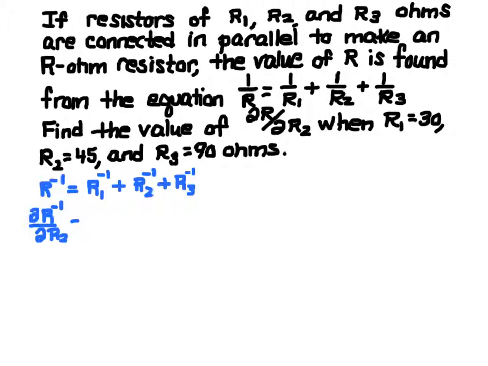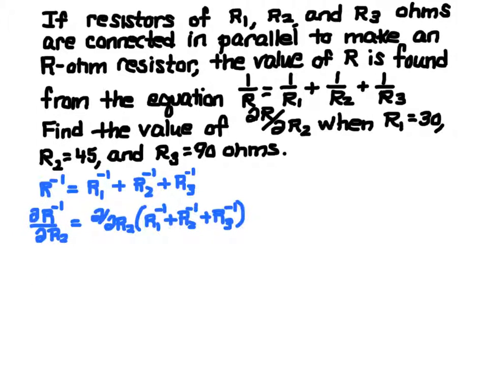we do that to the left-hand side, then we need to take the partial derivative with respect to R2 of the right-hand side. That is R sub 1 to the negative 1 plus R sub 2 to the negative 1 plus R sub 3 to the negative 1. Now on the left-hand side, we have to keep in mind that R is a function of R2.